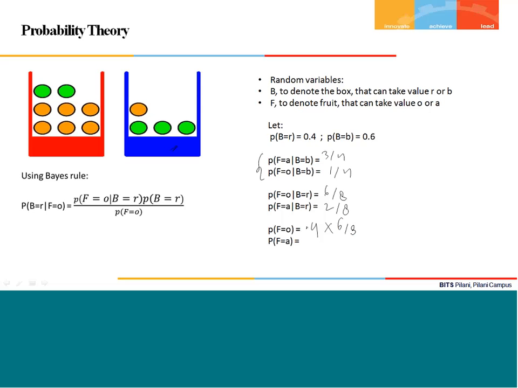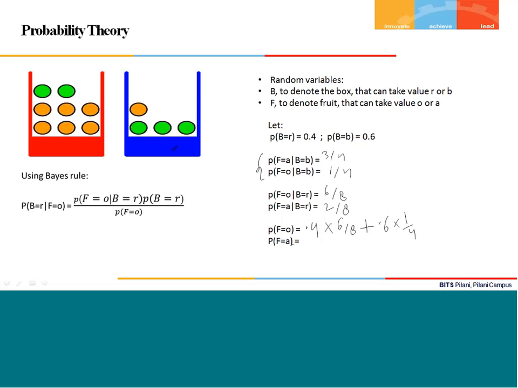It is 6 by 8, plus the probability of choosing the blue box, and in the blue box, what is the probability of choosing orange again. So please solve this and you will come up with the probability of apple.